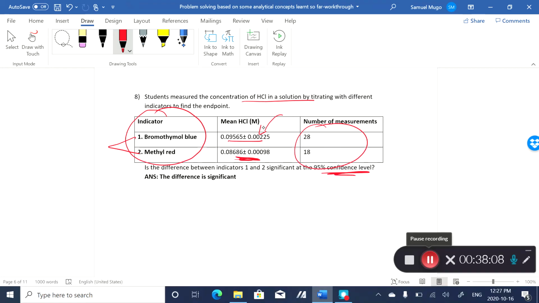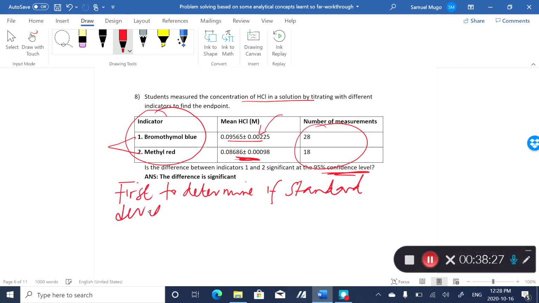And so remember, in this case, we need first to determine if the standard deviations are significantly different. Because if they are different, we're gonna use a different type of relationship than if they are not different.